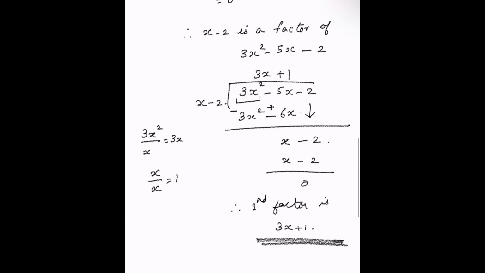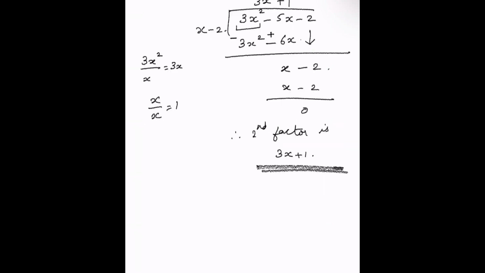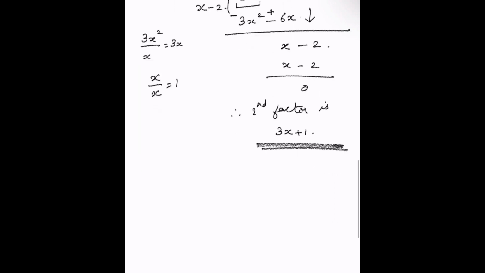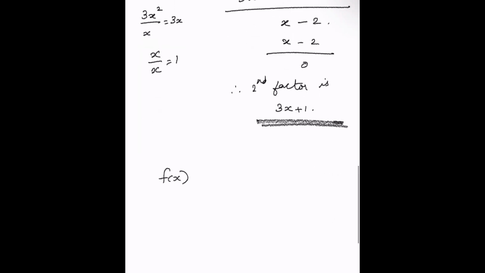So second factor is 3x plus 1. Show that 2x plus 7 is a factor of 2x cube plus 5x square minus 11x minus 4. Okay. So here f of x is a cubic equation because it is like 2x cube plus 5x square minus 11x minus 14.